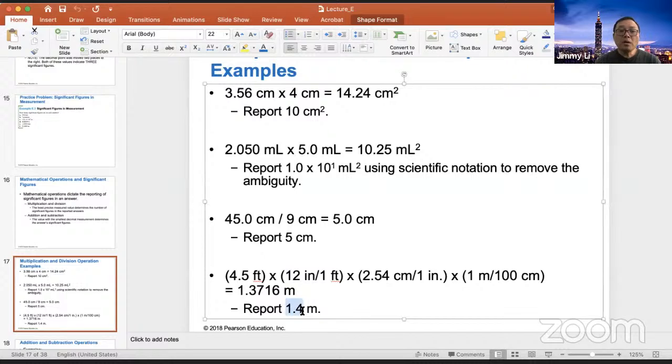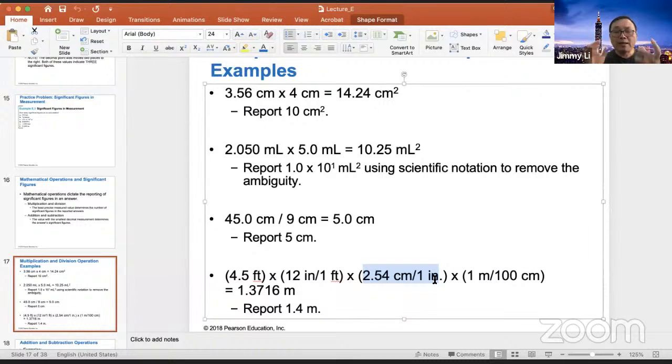One other thing I forgot to say. Whenever you do your conversion, all the dimensional analysis, don't count those significant figures, because dimensional analysis always involves something over one or one over something. You always have a one there.